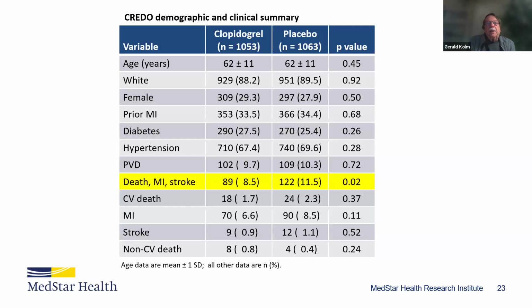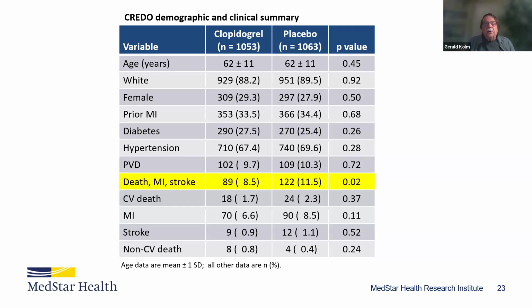However, any one component of the composite was not. And again, as I mentioned before, the issue here is that if you're doing each one individually, then you have the problem of multiple testing and the increase in the alpha error rate.